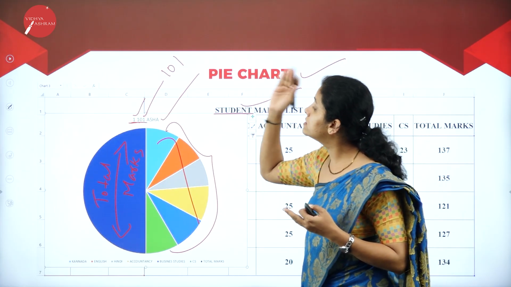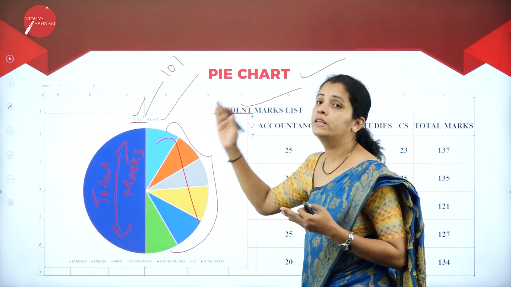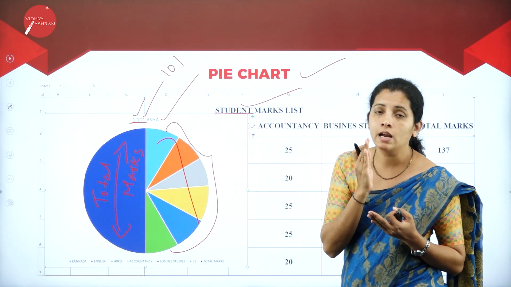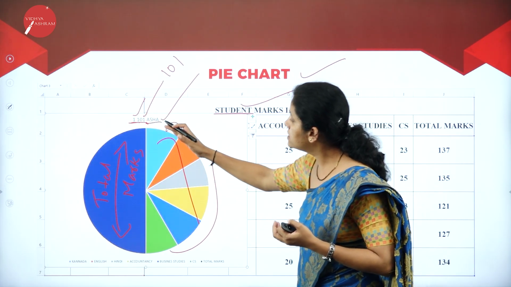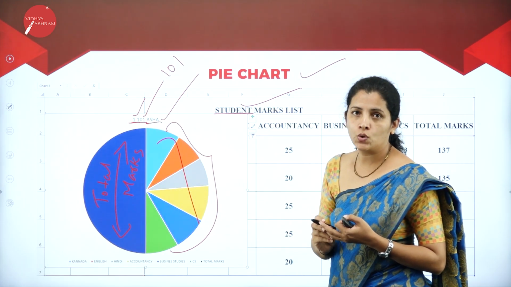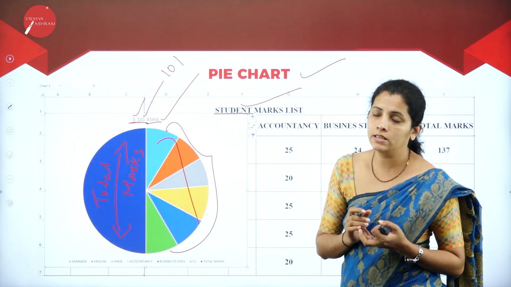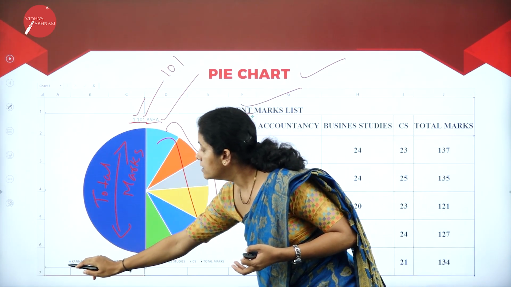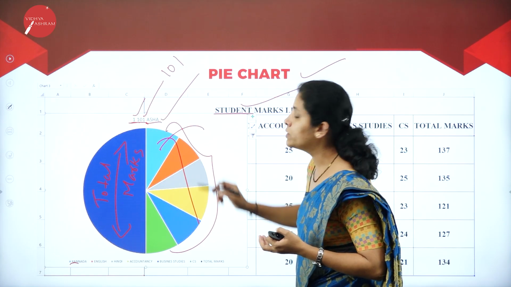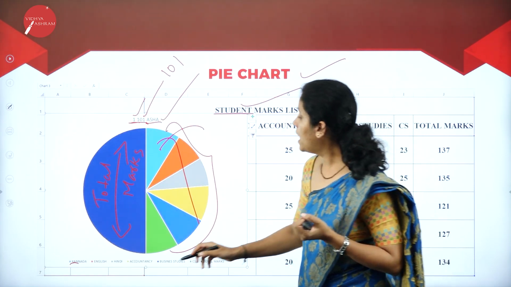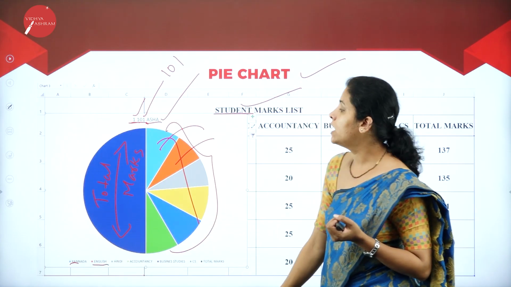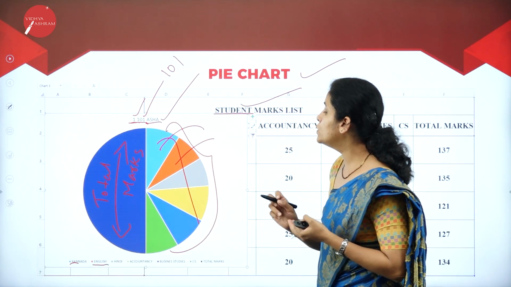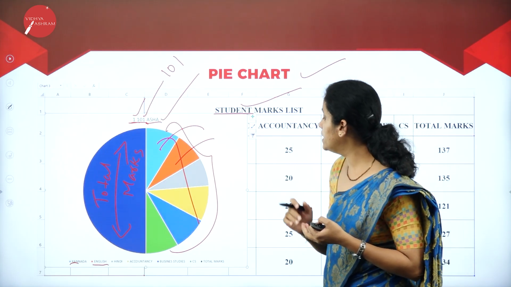That means this is the pie chart for the individual student, and what is her name? It is Asha. And these are the marks she scored in her internals. Here the blue color is used to represent Kannada, orange is used to represent English, and grey is used to represent Hindi.